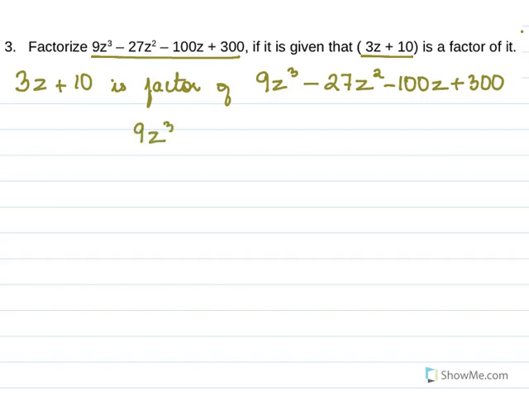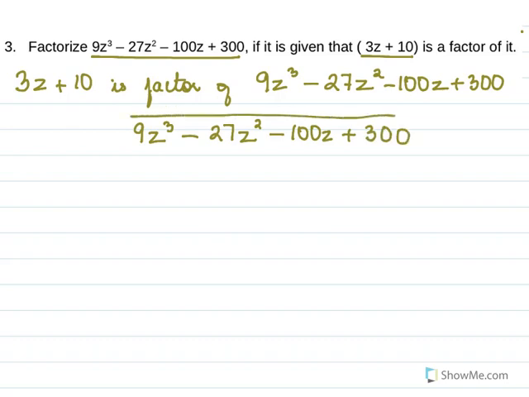So we take 9z cube minus 27z square minus 100z plus 300. We need to divide it by one of the factors, and the factor is already given to us as 3z plus 10. Now the quotient that we get here will be the other factor.